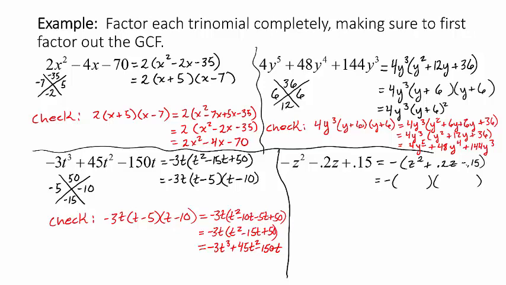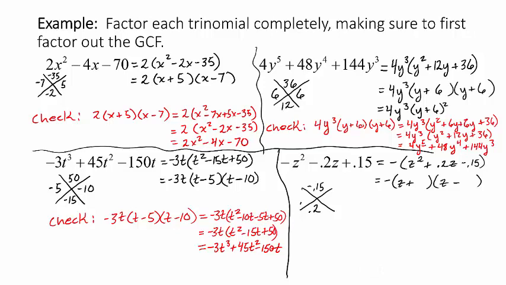Because we have a negative 0.15, we're going to have a z and a z, and z times z is z squared. But one of the factoring numbers is going to be positive and one negative, because we have negative 0.15. So here we go, treasure map. We have negative 0.15 as our product, and our sum is going to be positive 0.2. I think of some of the obvious things like 0.3 times 0.5 is 0.15.